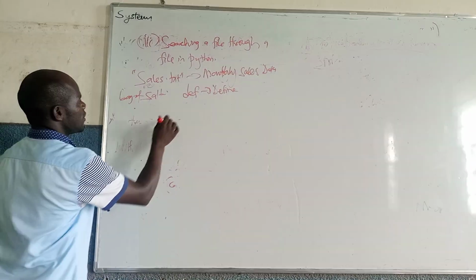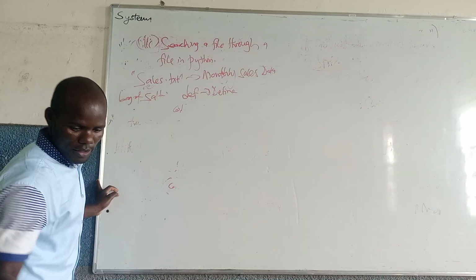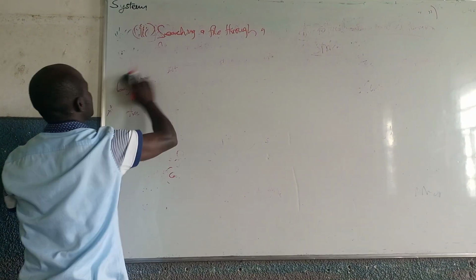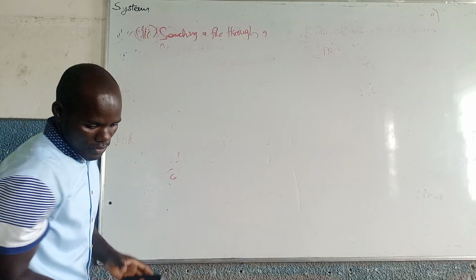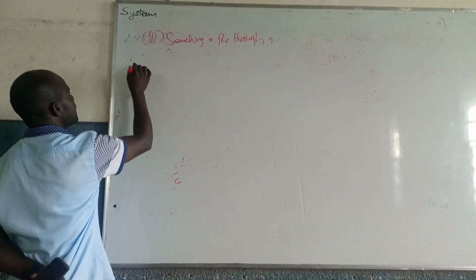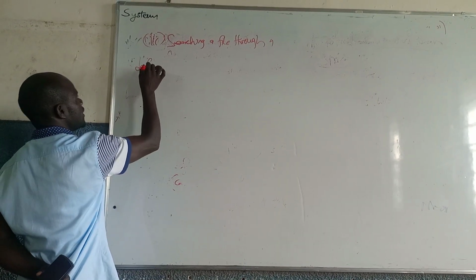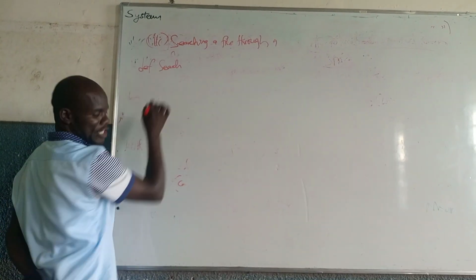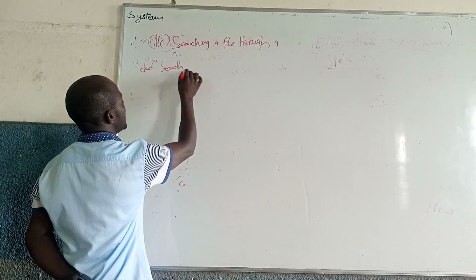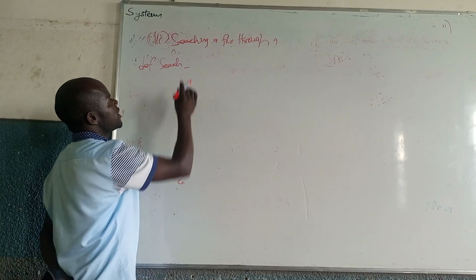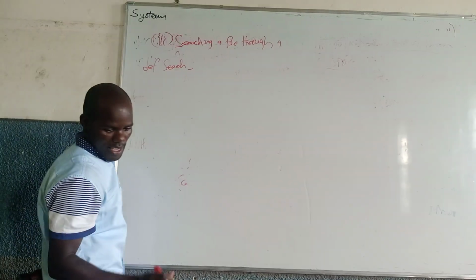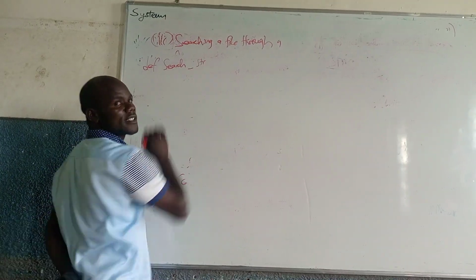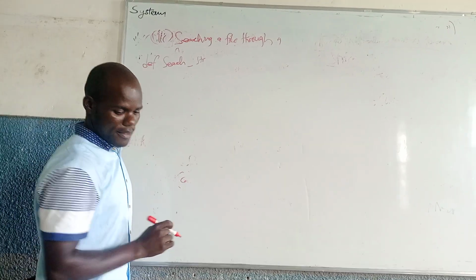So we shall use code. Let me first start. We shall say def, in small letters, or define, search, then underscore. Some of them type minus, but it is underscore. Then string.